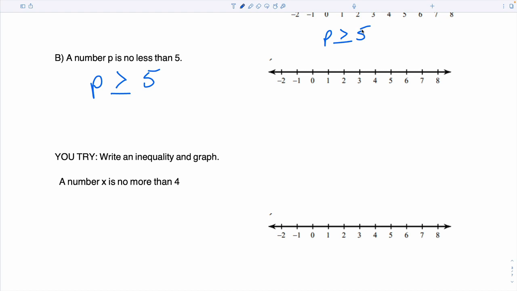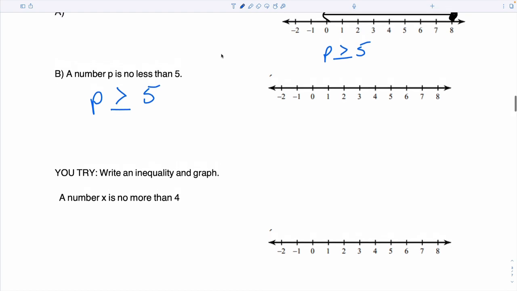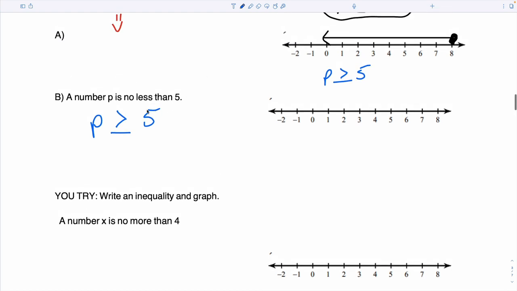Why would you use the one with the line under? Is 5 less than 5? No, so the other one would be greater than.